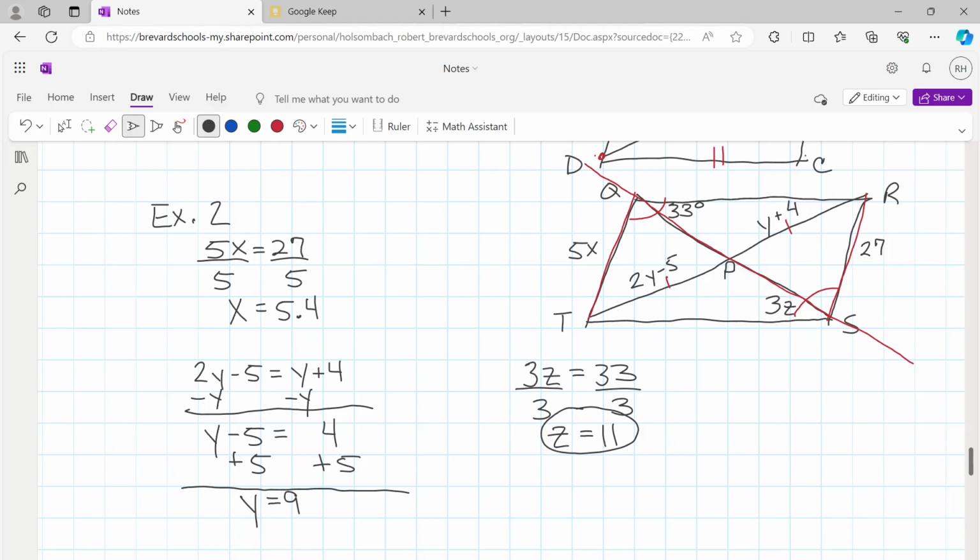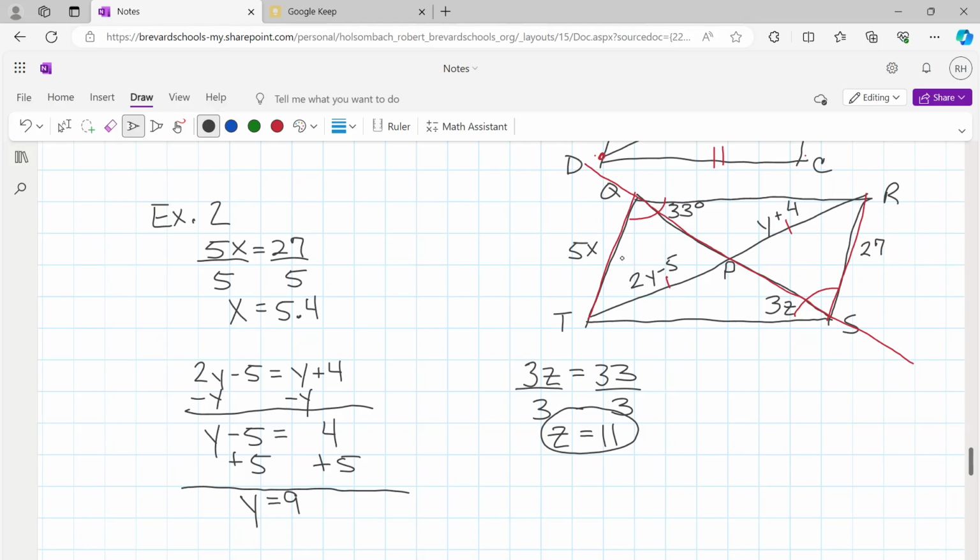All right, so those are all the rules that are related to parallelograms. And when you're doing your practice today, just look at the given information and then apply the rule based on the information that you're given.